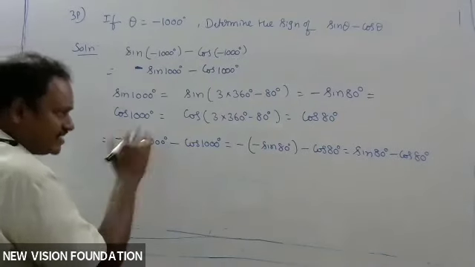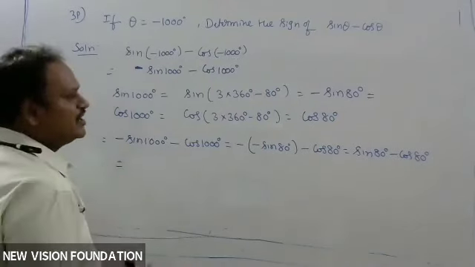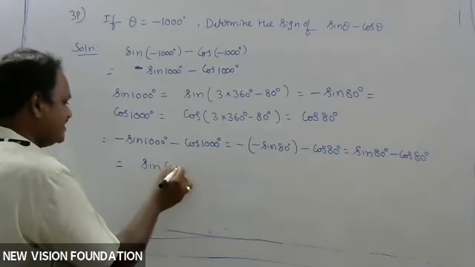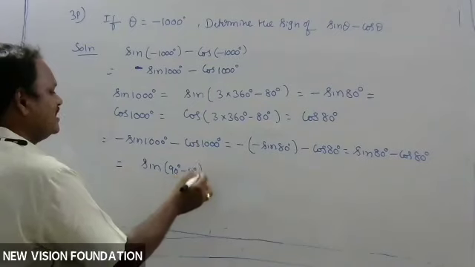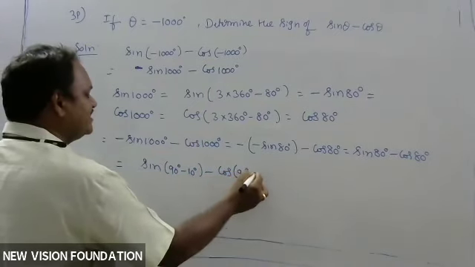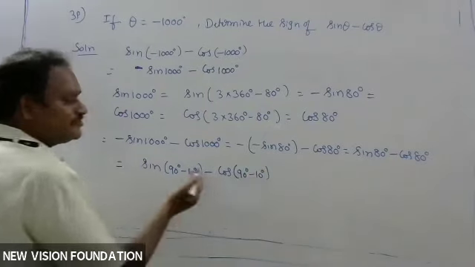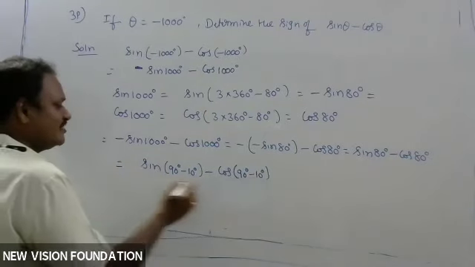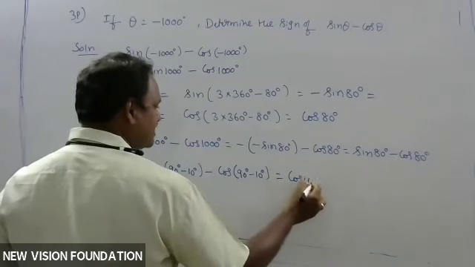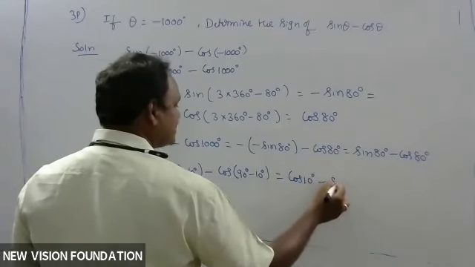Let us try to convert that into angles less than 45 degrees. Sine 80 degrees we write as sine of 90 degrees minus 10 degrees, and cos 80 degrees as cos of 90 degrees minus 10 degrees. Once we write it like this, my dear students, sine of 90 minus theta becomes cos theta, so we get cos 10 degrees minus sine 10 degrees.